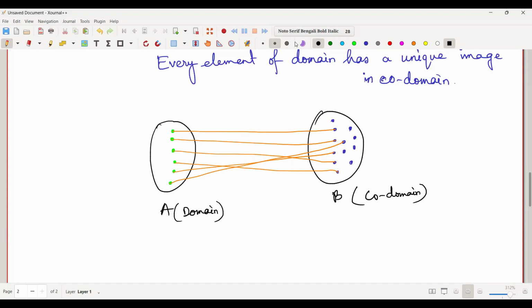So here this element has a different image, this element has a different image, this element also has a different image, all the elements have different images.